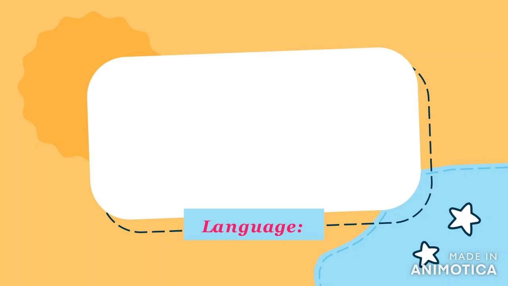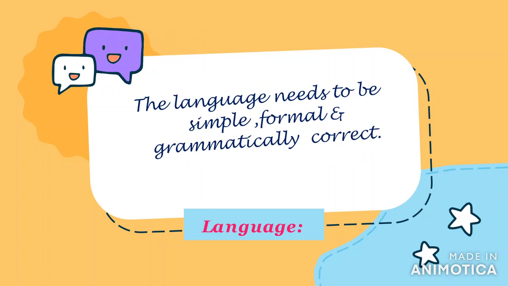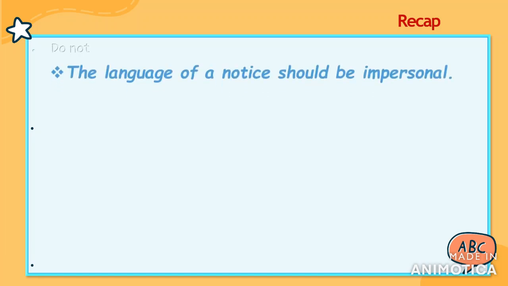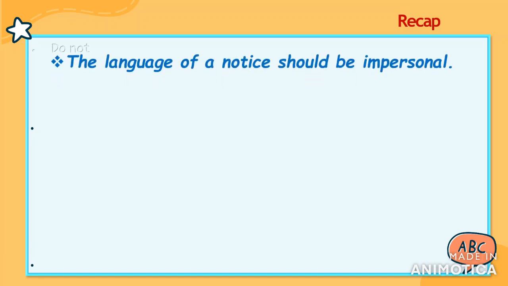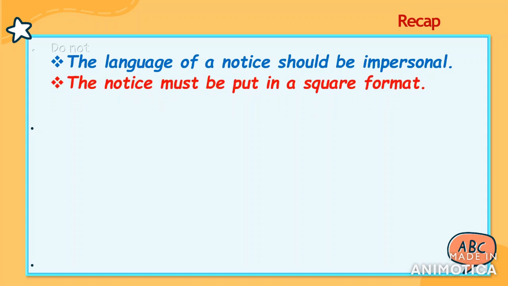Last but certainly not the least, the language of the notice is very important. The language should be simple, formal and grammatically correct. So children, when we write a notice, let's keep in mind certain things like the language of the notice should be impersonal. The notice must be put in a square format. That means the information should be enclosed in a square box.